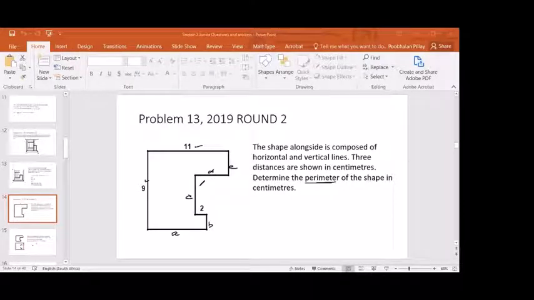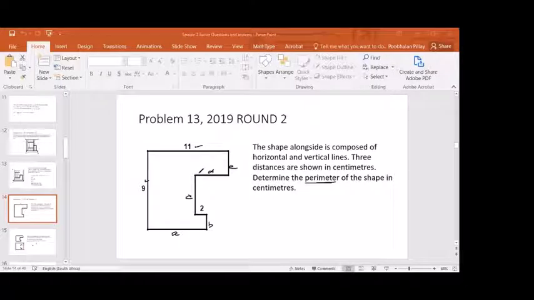Okay, so there's a nice way of doing this, where you don't have to have all 5 unknowns. You can use this 9 and 11 and the 2 to actually reduce the number of unknowns. You see?